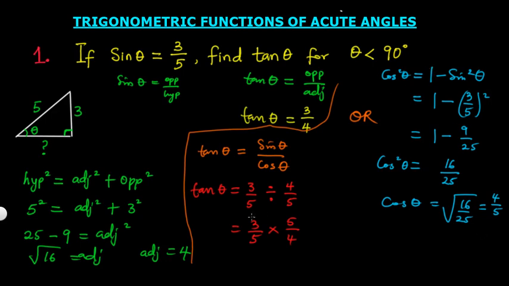Remember, in our basic way, the 5 can cancel out 5. Then tan theta in this situation will be 3 over 4, which is the same thing as what we've gotten using the previous method. Did you find that interesting? That's great. Let's look at another problem.